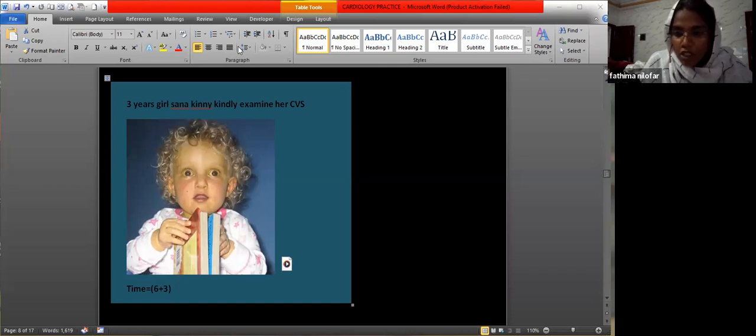She has no features of cardiac failure or infective endocarditis at present. My likely diagnosis would be pulmonary stenosis, and also ASD, but I could not appreciate any splitting. So pulmonary stenosis would be the first differential diagnosis.